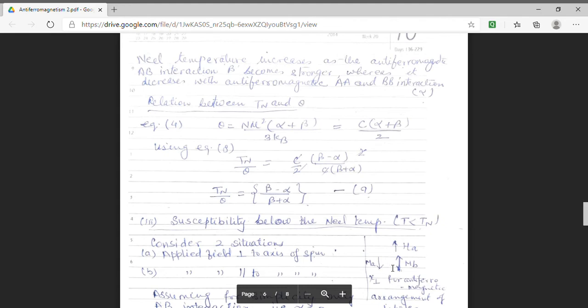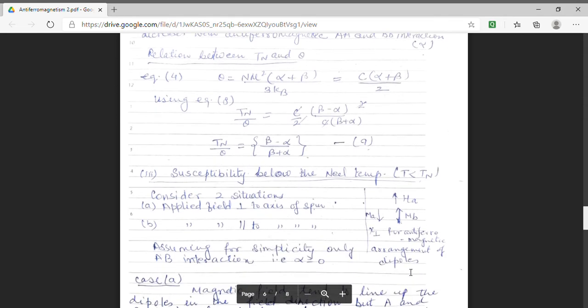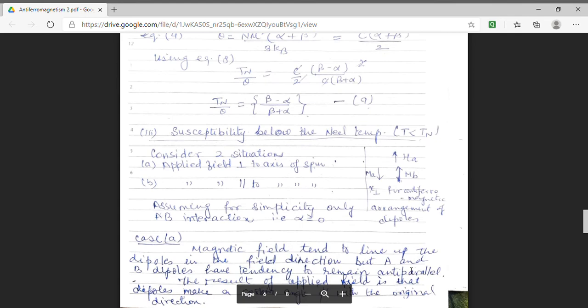This is my lattice A spin direction, and this is my lattice B spin direction, and the field is applied perpendicular to these directions. Here I am assuming for simplicity that the interaction is only AB. We are ignoring the interactions AA and BB.